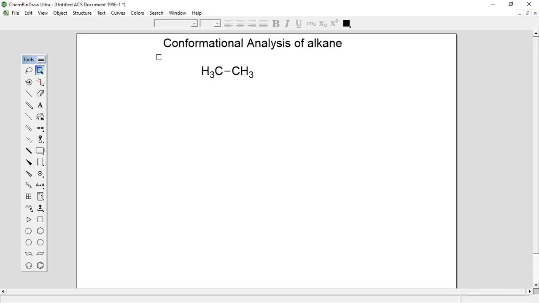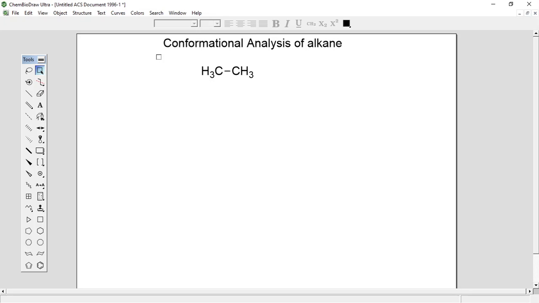Okay, so we'll see the conformational analysis of alkane. What is meant by conformation and conformational analysis? We have already learned conformation in isomerism.